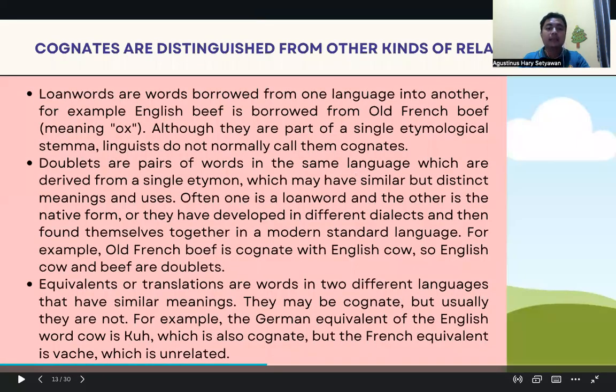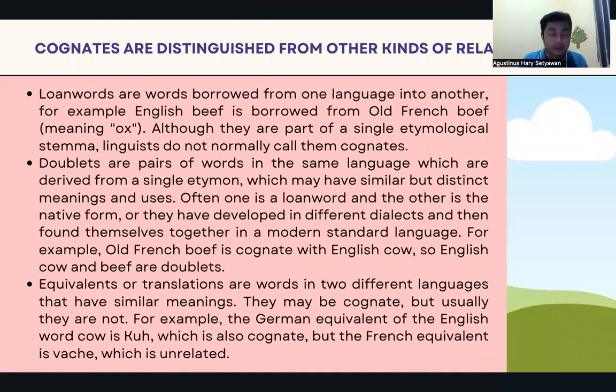Okay, if we want to know about cognates, you need to distinguish this cognate from other kinds of relation. So cognate is one of several relations of the word. I mean, you need to remember about loan words. You need to differ it from cognates.